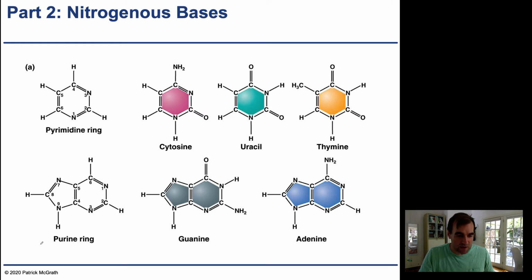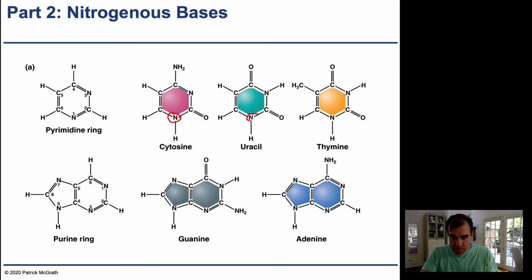Purine is the smaller word, but it's a much larger molecule. I'm showing you the numbering system here, but I don't expect you to memorize that for the class. But I do expect you to memorize that cytosine, uracil, and thymine are all pyrimidines, and guanine and adenine are all purines. It's important that you memorize that.